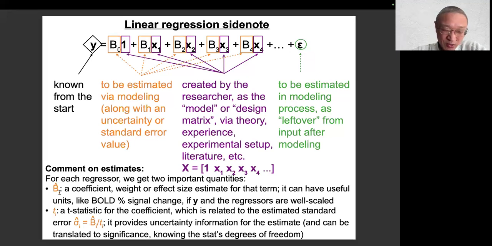So in addition to that estimate, there's an uncertainty. If you remember what you learned in statistics, that's called the standard error of the point estimate. Ideally, we should have those two: the point estimate, which is a single number, and the uncertainty, which is the range. That range is the standard error.